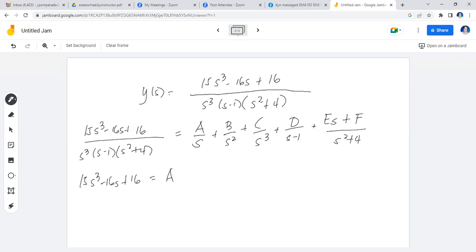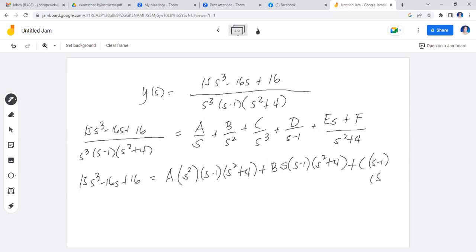So your A should be multiplied to s squared, s minus 1, and s squared plus 4. Your B should be multiplied to s, s minus 1, and s squared plus 4. Your C should be multiplied to s minus 1 and s squared plus 4. I'll place here the D. The D should be multiplied to s cubed and s squared plus 4. Your Es plus F should be multiplied to the factor that's not here, which is s cubed and s minus 1.